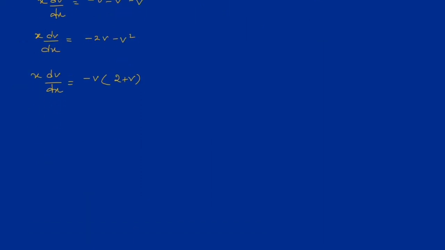variable separable. Separating the variables v and x, we get dv upon v (2 plus v). Again minus is there here.